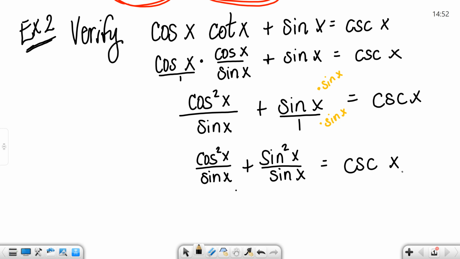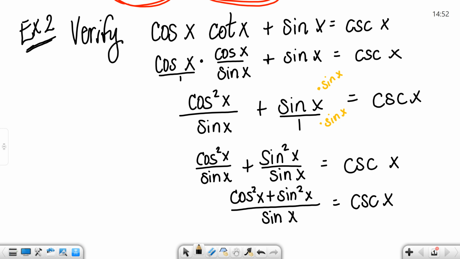Now that my denominators are the same, I can put the numerator together over sine of x. Again, bring down this right-hand side.